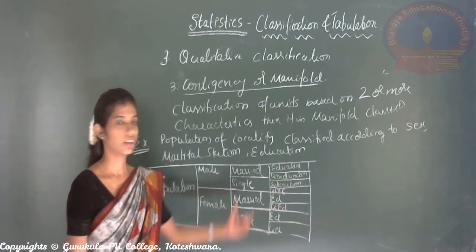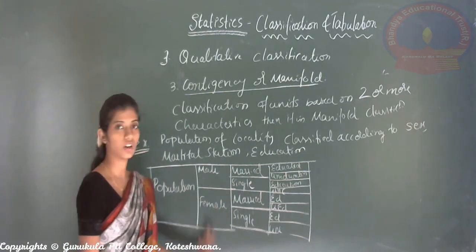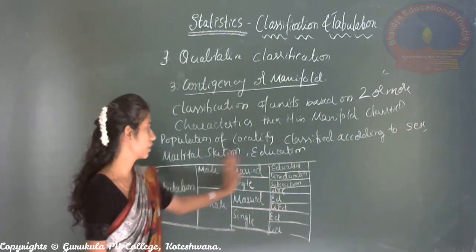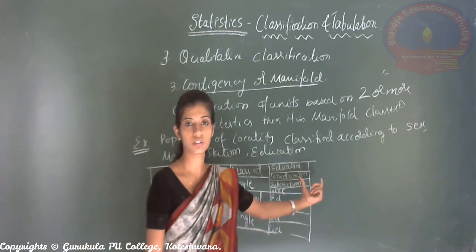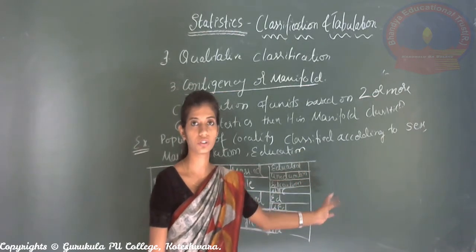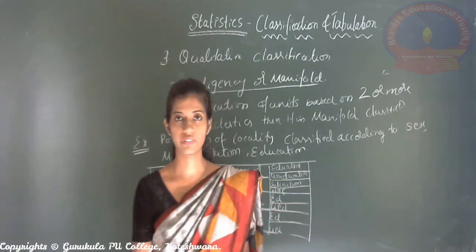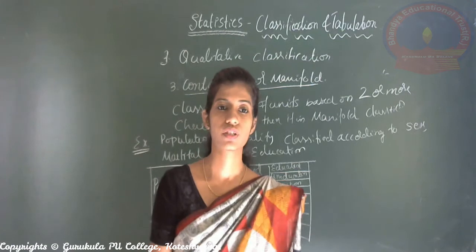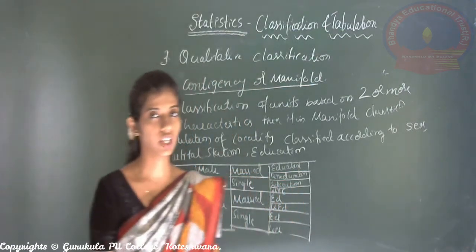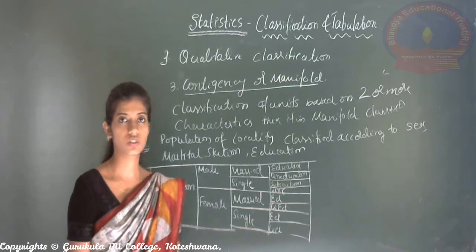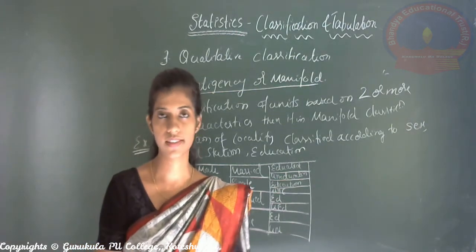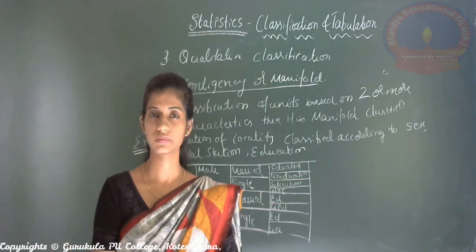It includes not only one or two pieces of information but so many. When you want to make divisions according to different characteristics, such kind of tables or classification is known as a contingency table.